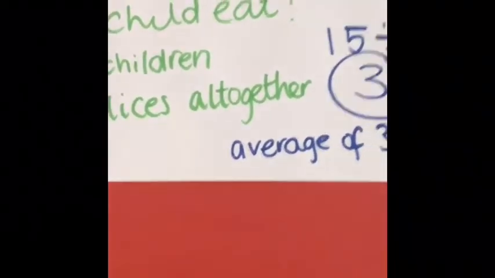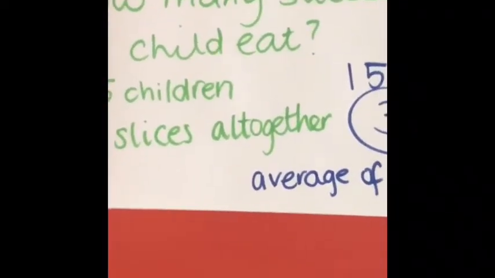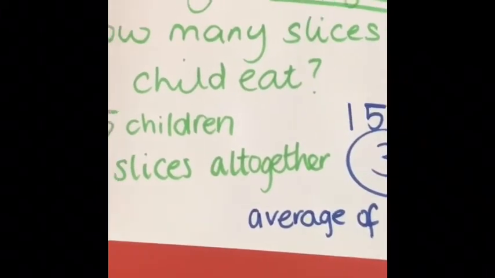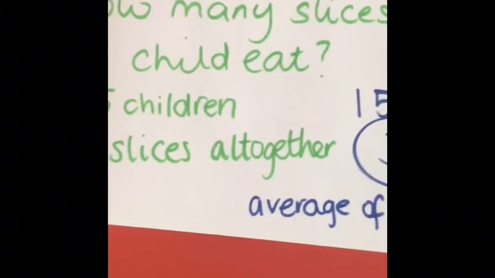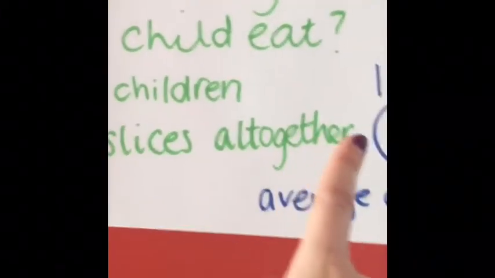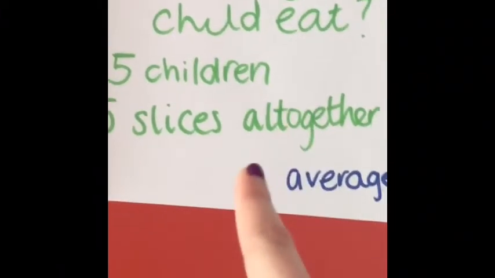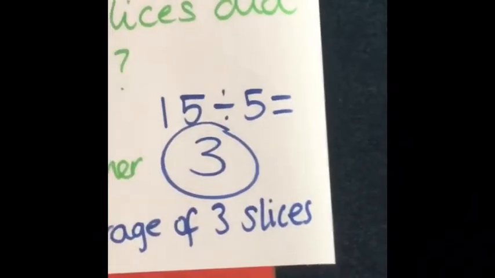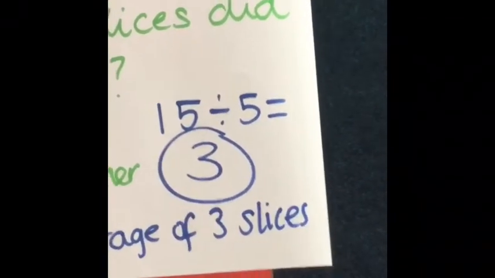That word average means roughly how many slices did a child eat? Just one child, how many did they eat? We know that there are 5 children and 15 slices altogether. So the calculation we must do is 15 divided by 5, because together they ate 15 slices and there are 5 of them.